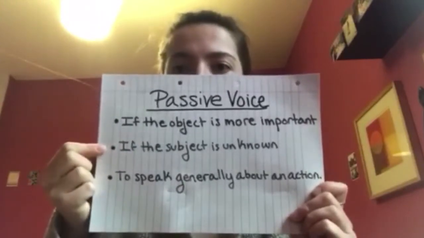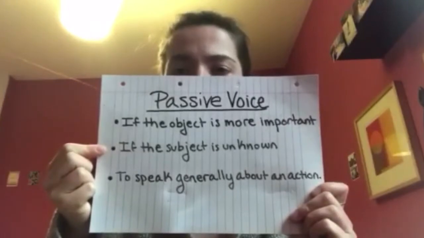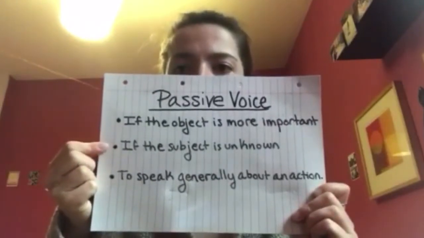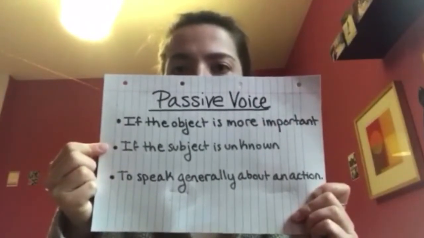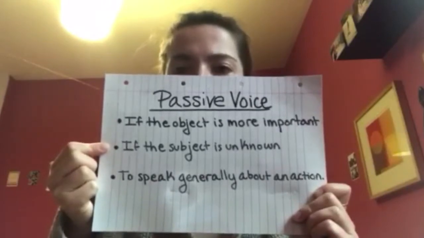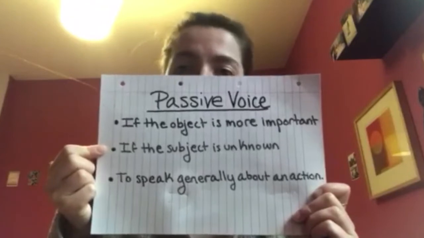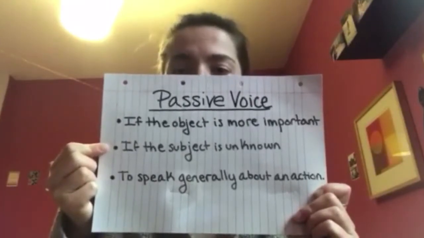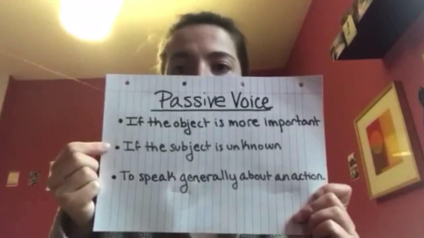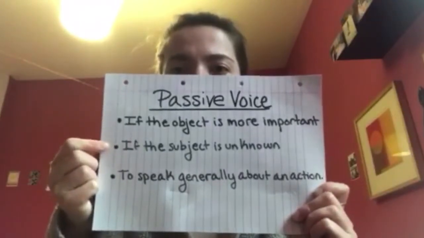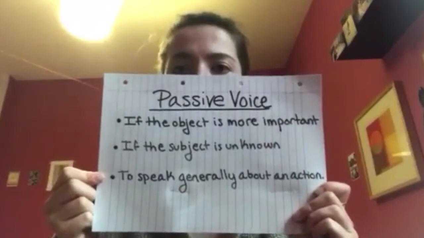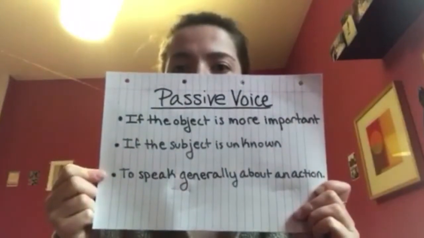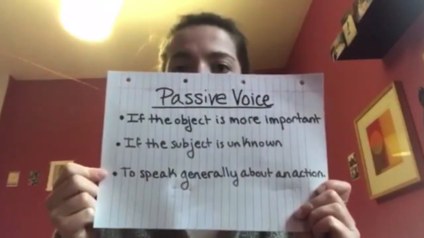We can also use it if the subject is unknown. We saw that in the other example of the window. The window was broken. In that case, we didn't know who broke the window, which means we didn't know the subject. So we used passive voice.